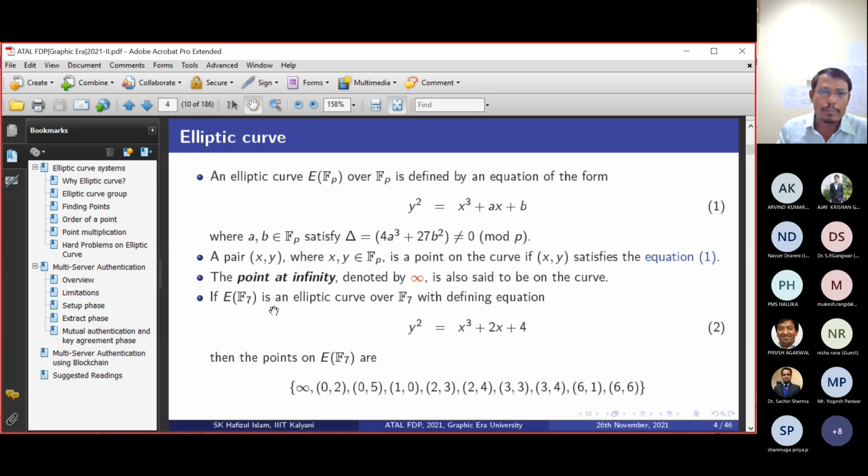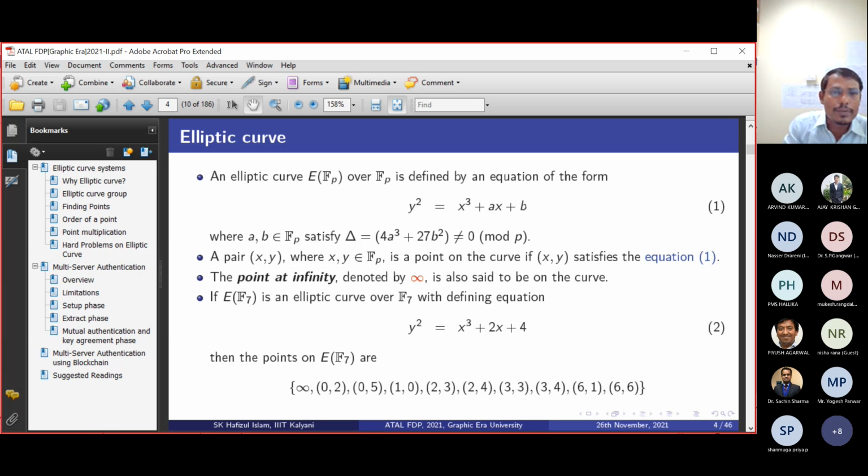So for example, to make you understand, suppose I take P as 7, my small prime number, and I define an elliptic curve with A equal to 2 and B equal to 4. If we solve it, we will get this set of points only. So F of 7 has the elements 1, 2, 3, 4, 5, 6.